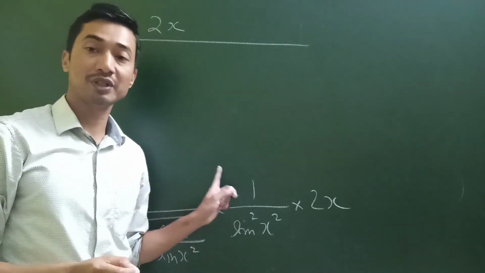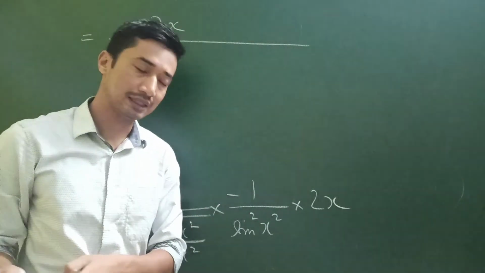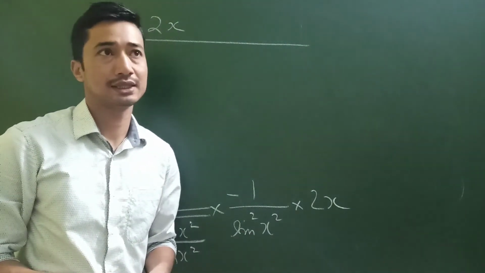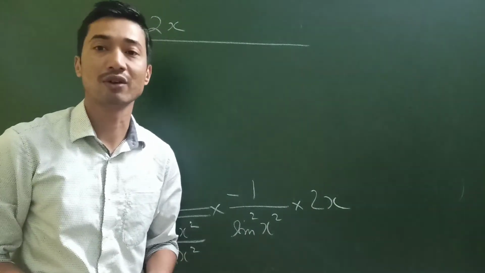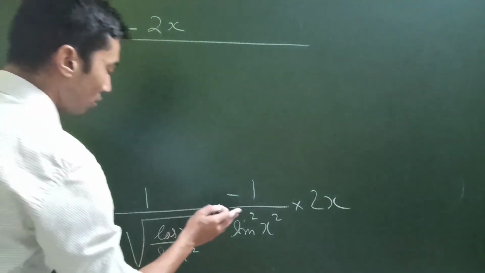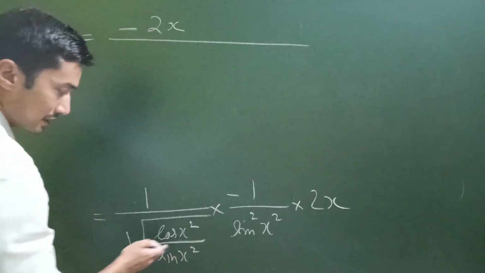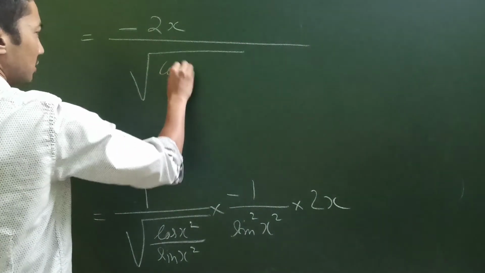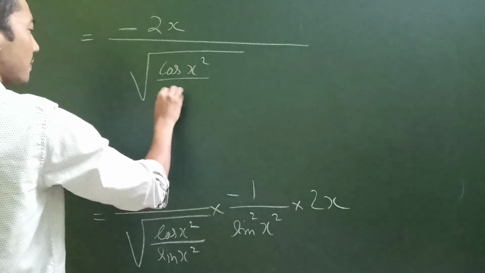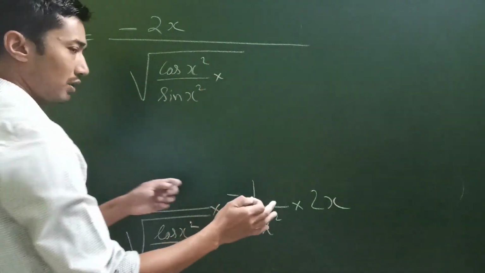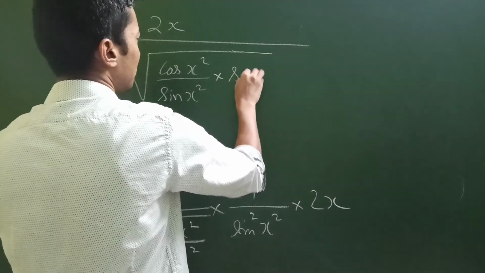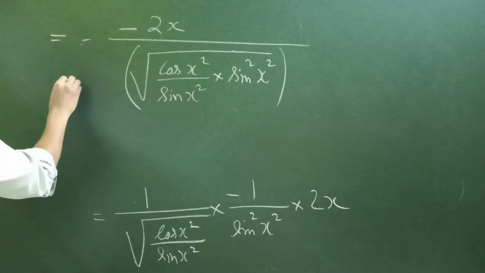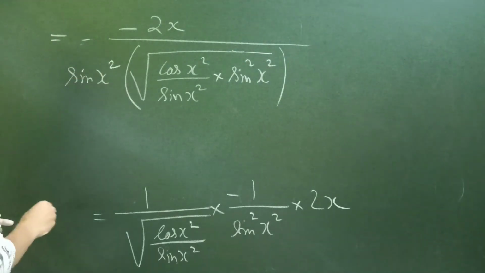You can leave it in that previous step also, but I happen to check the textbook answer, so I am arranging it with respect to the textbook answer, so that some of you may not think that you did it wrong. So just for that, one of the signs I am going to take inside the square root, so cos x square sin x square, one ratio sign I'm going to take inside the root, so that becomes sin square x. So I'm going to write here sin x square.